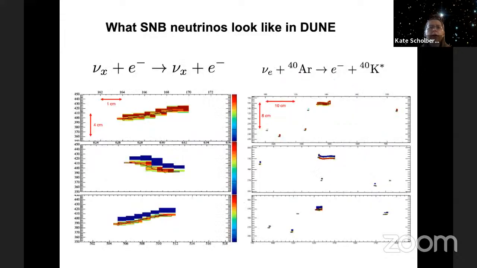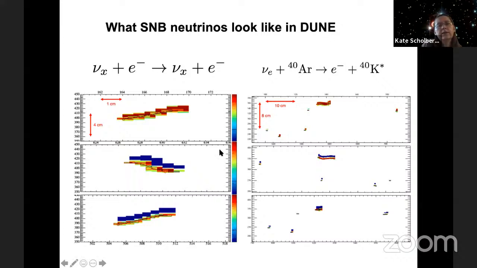Here's just another example of how different kinds of events, different interaction channels, would look different in DUNE. On the right-hand side is a charged current interaction where you have an electron neutrino. You see this little worm, which is the track from the electron, and these little blips are de-excitation gammas that Compton scatter in the detector and leave little chunks of ionization.